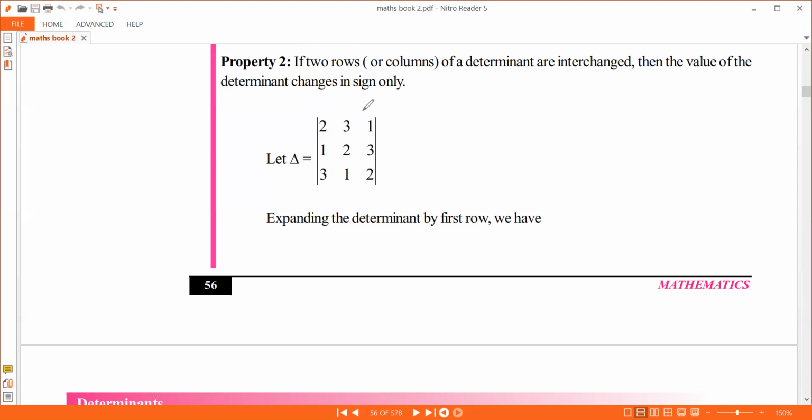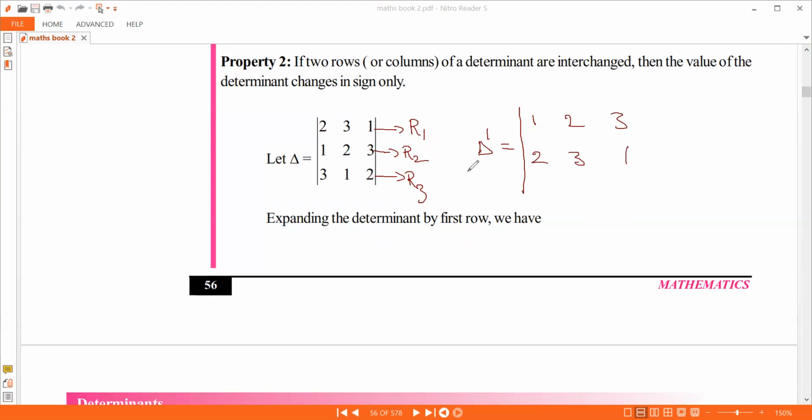See, what is the exchange we are doing? This is R1, this is row R2, this is row R3. The exchange he talks about is, I will make a new determinant by swapping R2 and R1. So 1, 2, 3 comes first and 2, 3, 1 comes next.